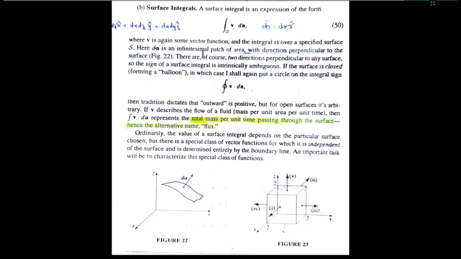So over here we will be taking a small surface element over a surface, and then that will be integrated throughout the surface, and that way we will cover the entire surface.